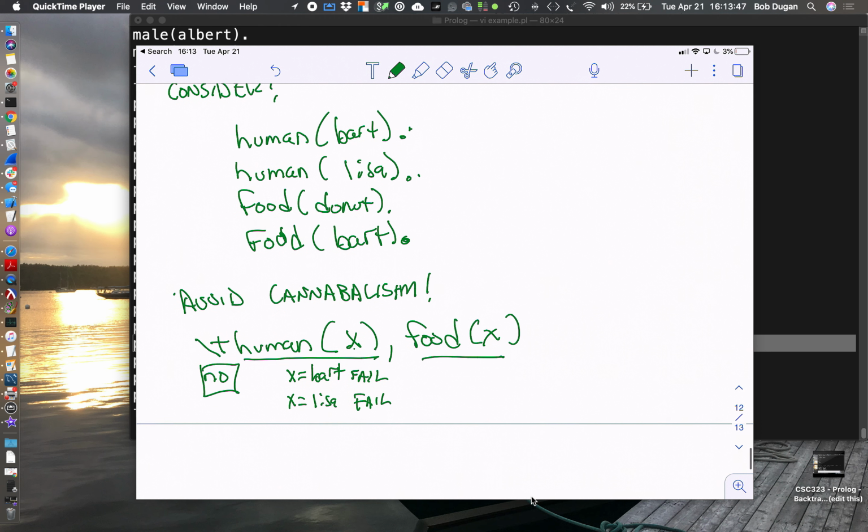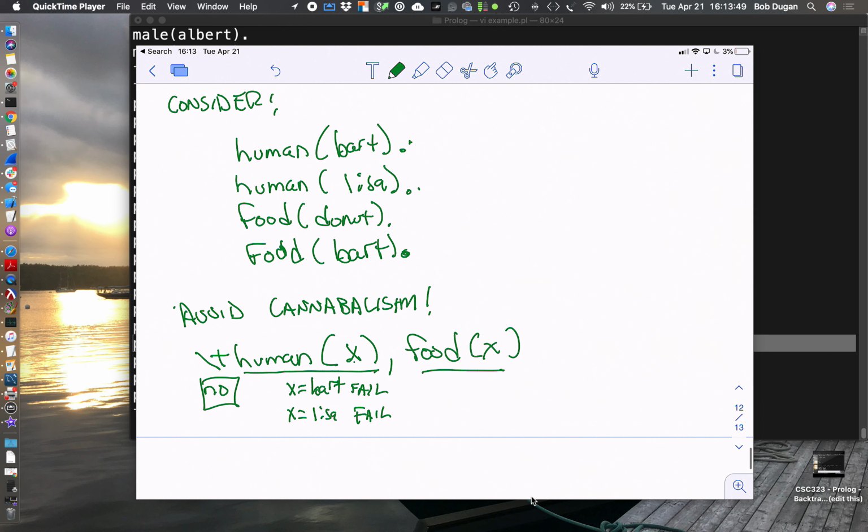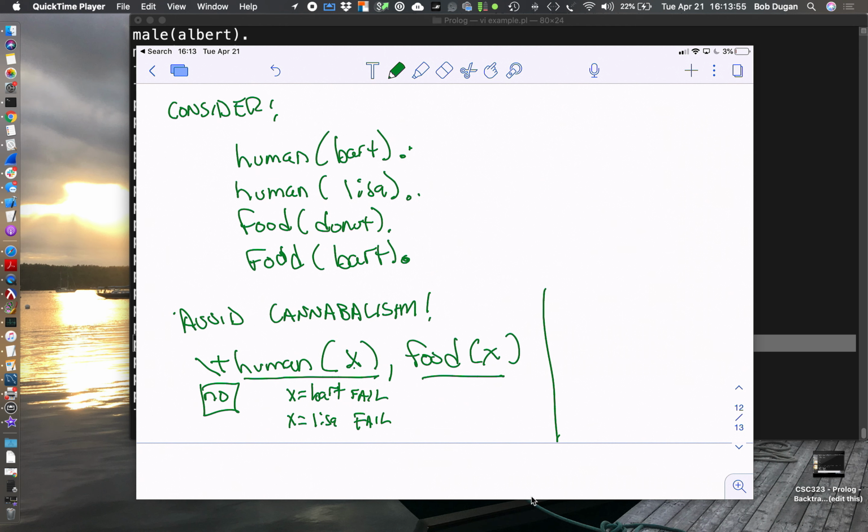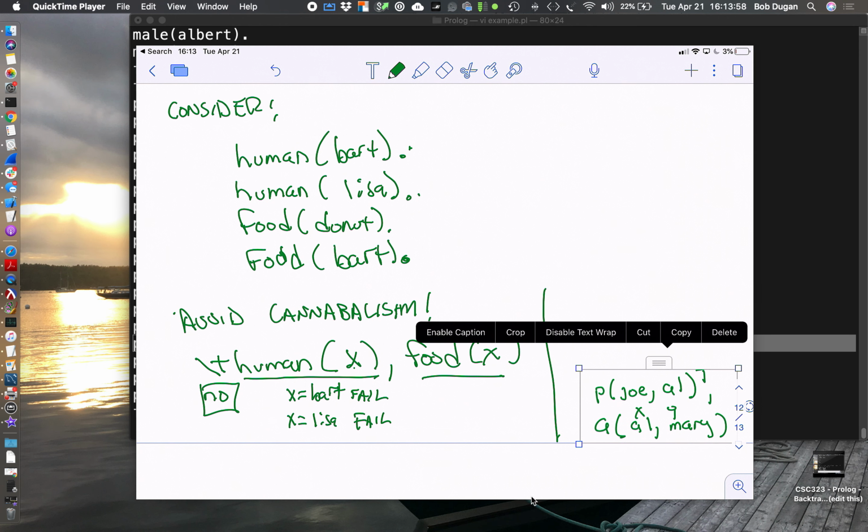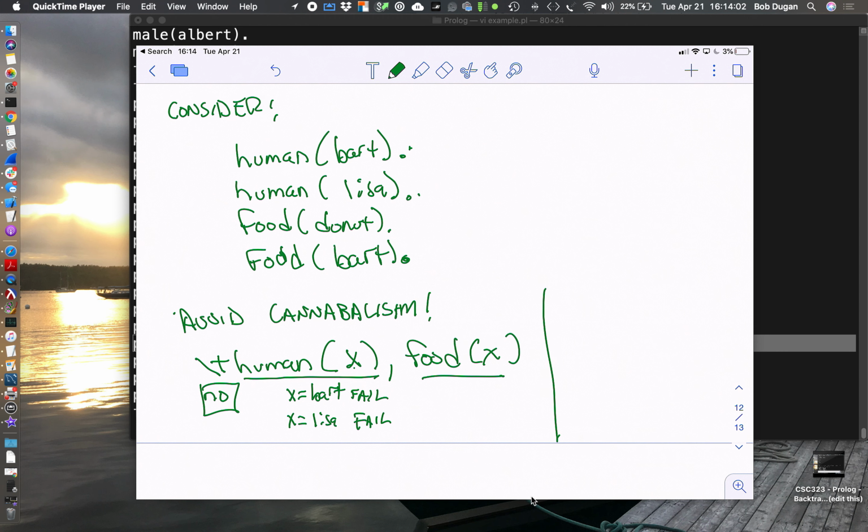All right, so we can get this to work. All we have to do is change the order that the antecedents are presented. So what we're going to do here is say food X first, followed by not human.